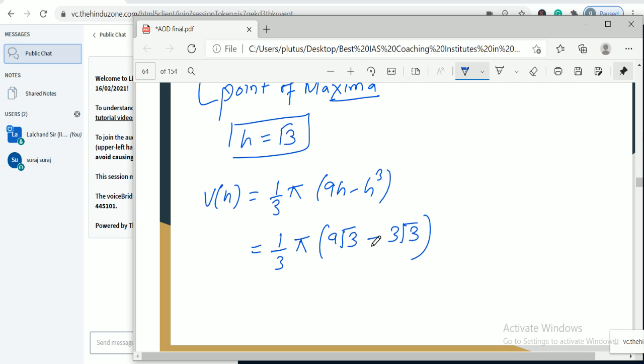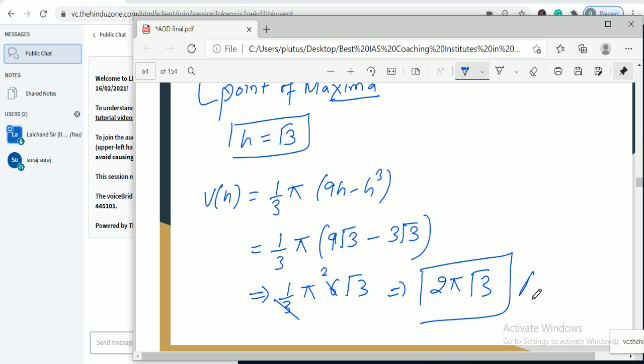So how much is it? This will finally be 6 root 3, and the 3 gets cancelled, so finally 2 pi into root 3. This is the maximum volume answer. Are you getting my point?